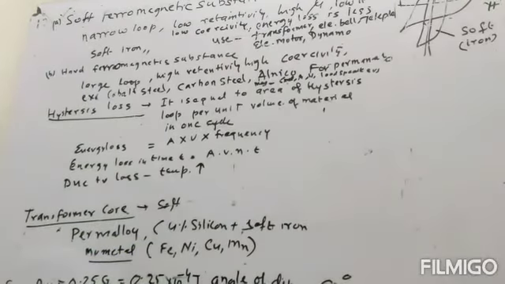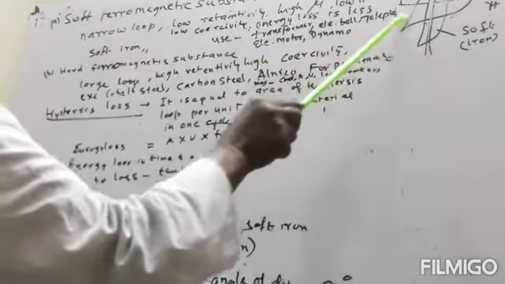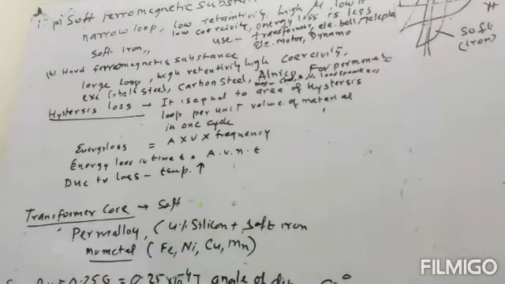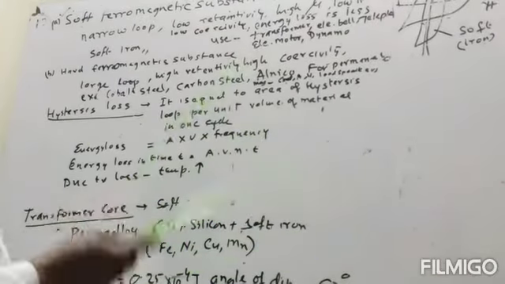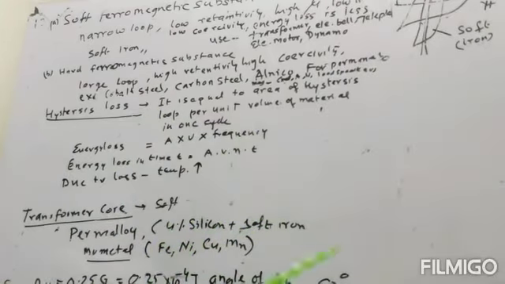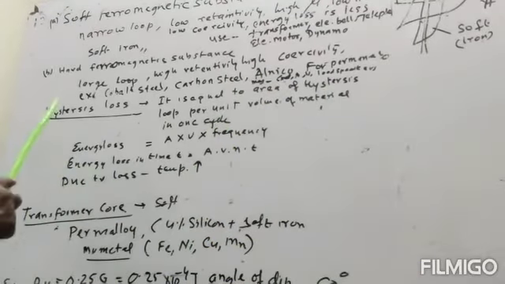Now, what will be the hysteresis loss? As I told you, in one cycle the ferromagnetic substance is magnetized and demagnetized. In magnetization, it will absorb energy, and in demagnetization, it will lose energy. So there will be a net loss of energy, that will be known as the hysteresis loss.